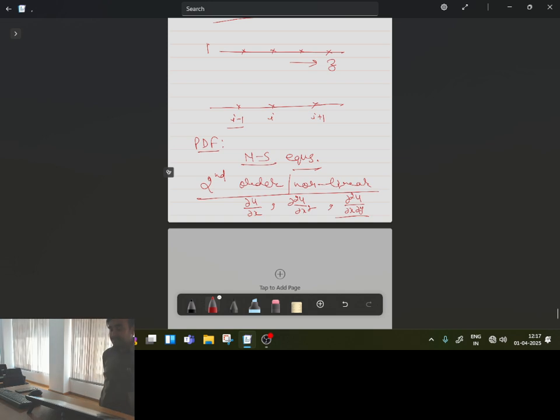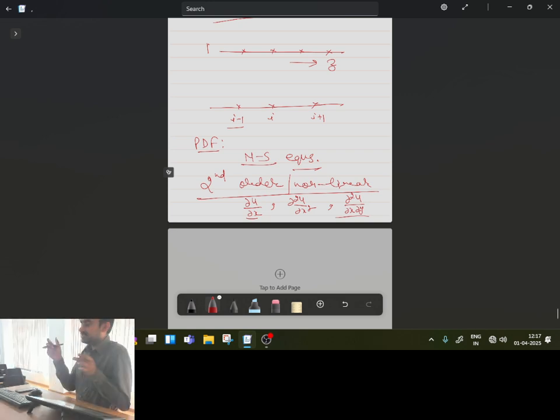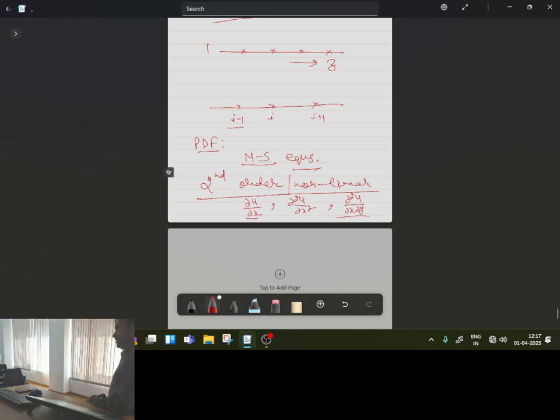Okay, so ultimately if you have to convert the governing equations into algebraic equations, then you need to estimate the values of first derivative, second derivative and mixed derivative. If you are able to define all these derivatives in terms of algebraic equations, then ultimately your entire equation can be defined in terms of algebraic equation.